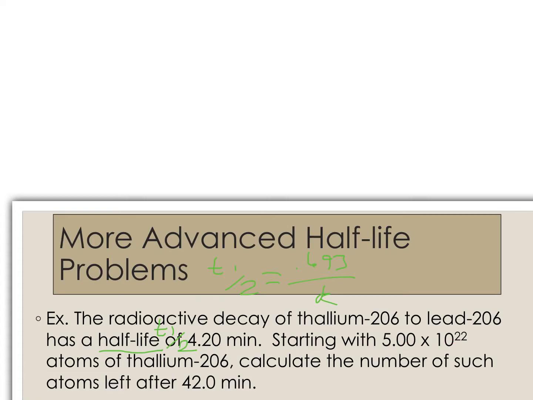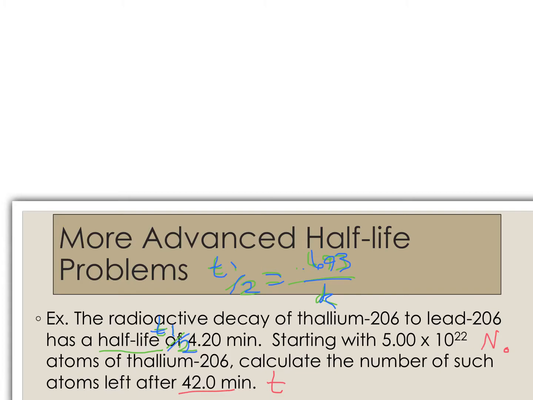Starting with this many atoms. Okay, so I have an initial, an N naught, an initial. So this is my initial of thallium. Calculate the number of atoms left after 42 minutes. So I have a time, I have an initial, and it's asking me to find a number at a specific time.